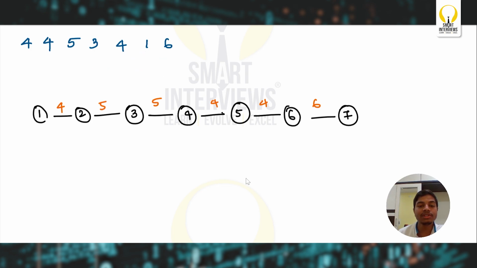So these are going to be the edge weights. Yes, as we got to know, this is 0. Let us take this array of values for this particular graph: 4 4 5 3 4 1 6. Let us take these indices: 0 1 2 3 4 5 6.